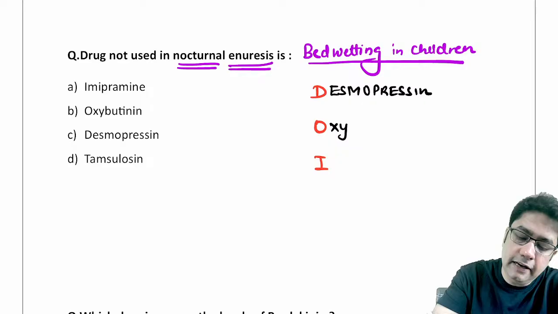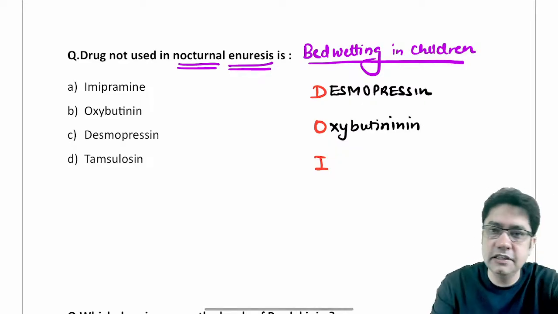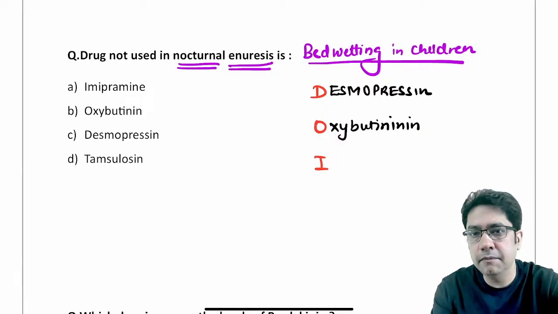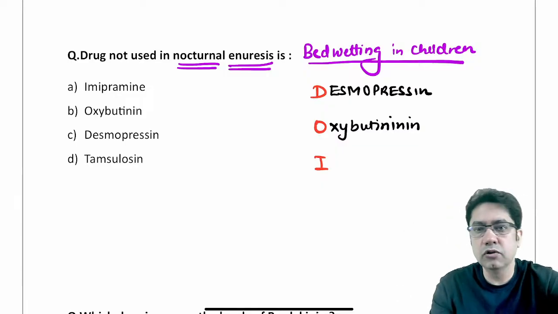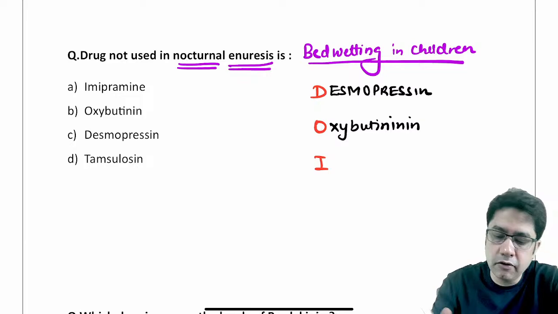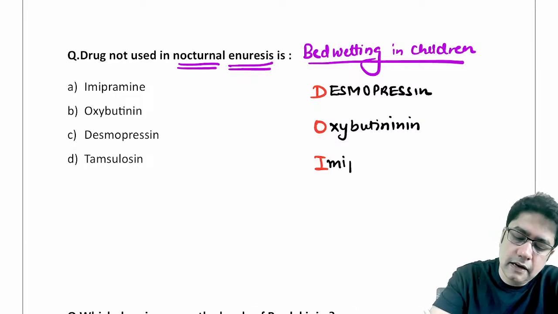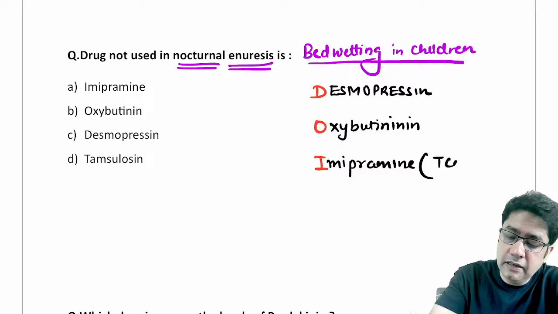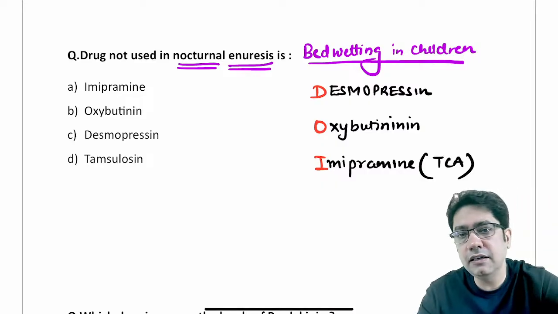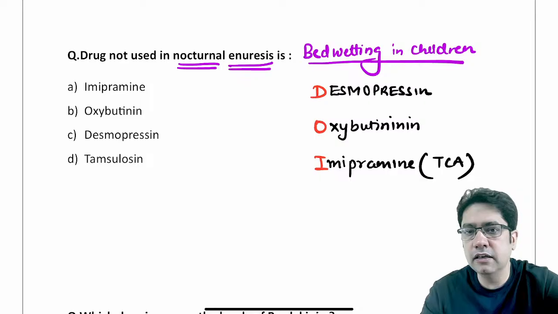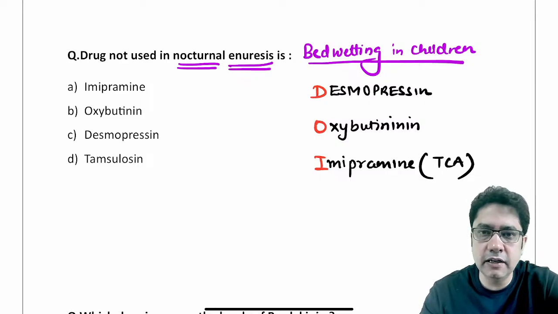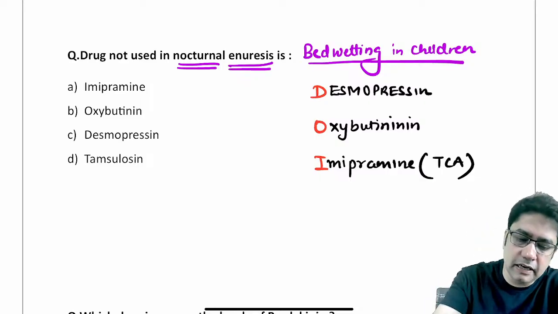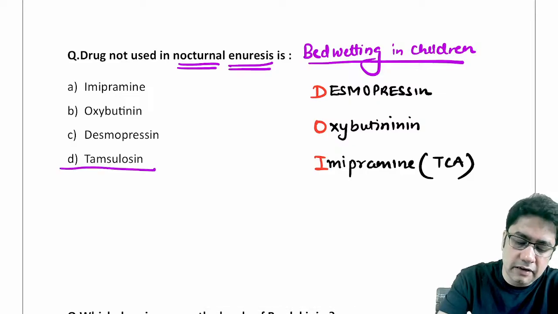You can give anticholinergic drug oxybutynin because anticholinergic drugs relax the bladder, inhibit bladder contraction, so the person will not have bladder contraction, no urination. And the third drug which we can give is imipramine. Imipramine is a tricyclic antidepressant. It also has anticholinergic effect just like oxybutynin. It also relaxes the bladder. So here we don't give tamsulosin.